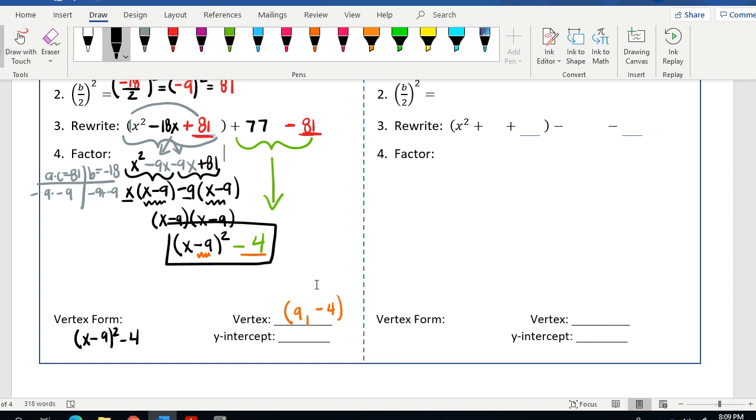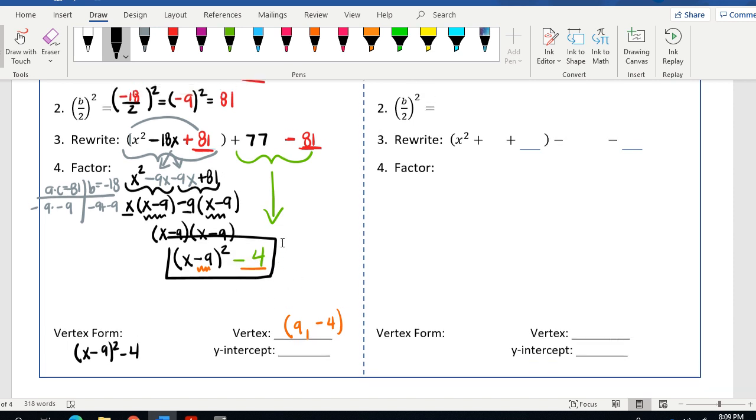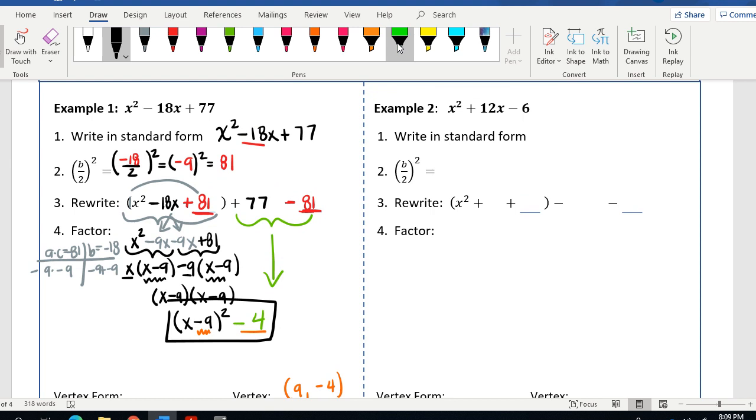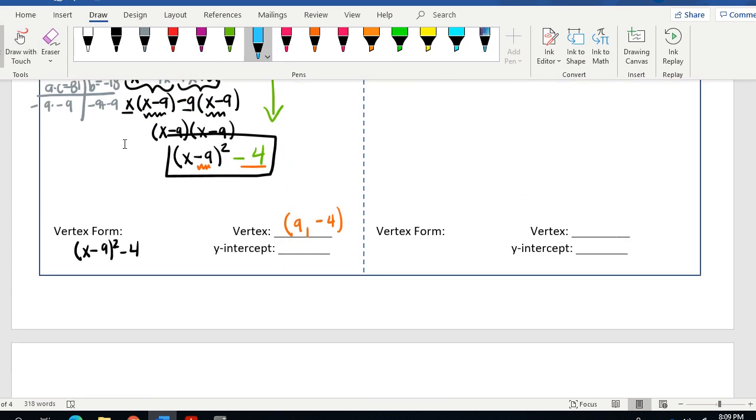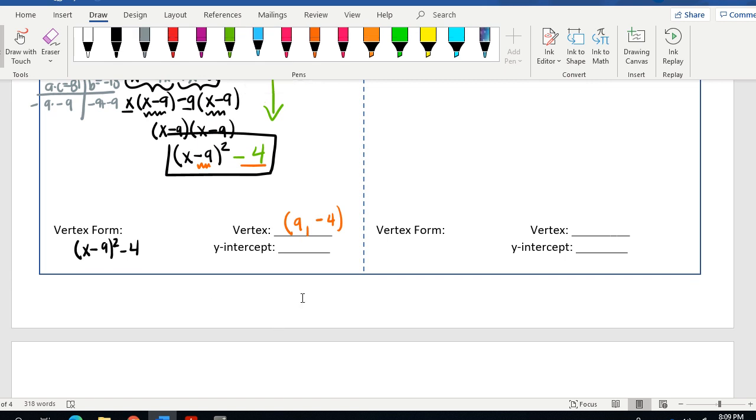And to find my y-intercept, which a lot of students want to look at, it is not negative 4. I got to come back up here. My y-intercept is this positive 77. So I'm going to come down here and write it as a coordinate point: (0, 77).